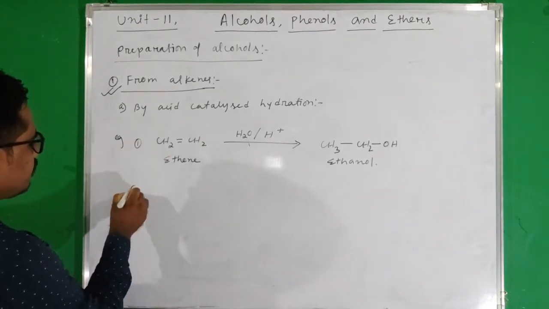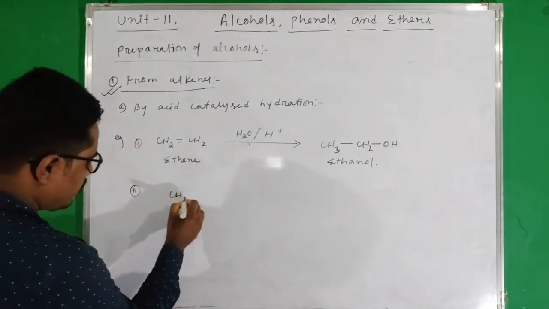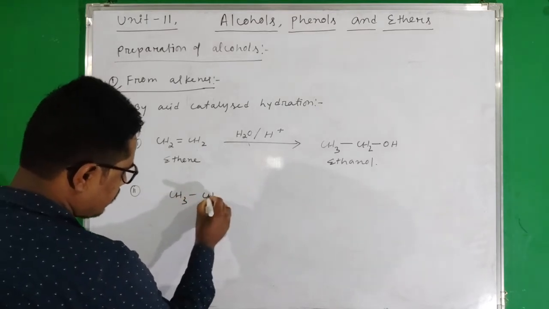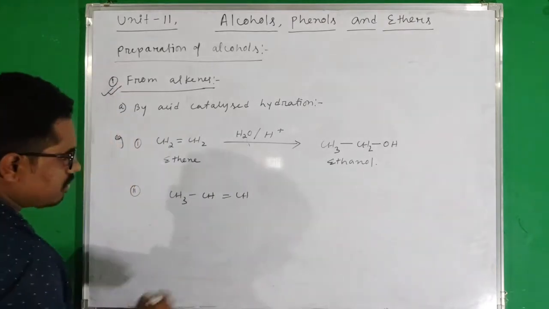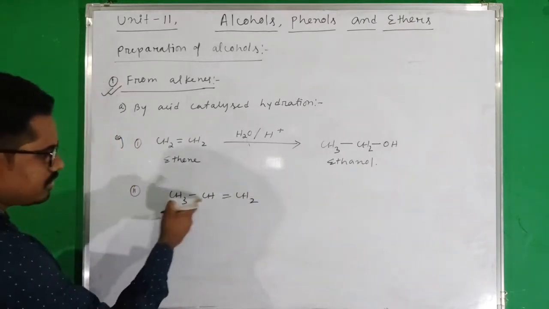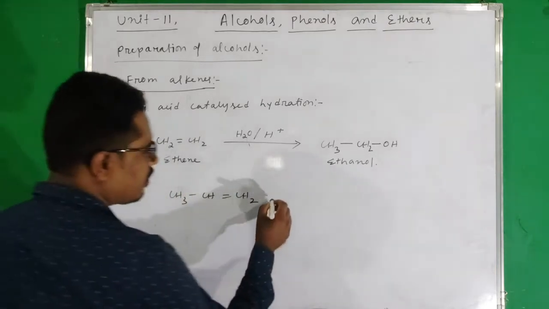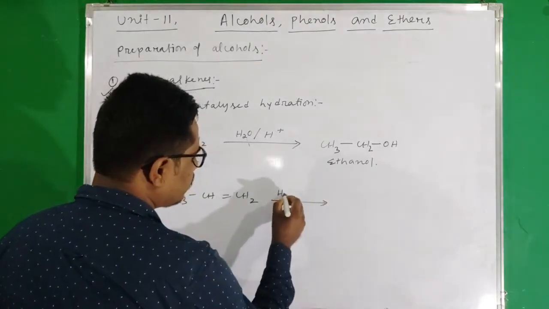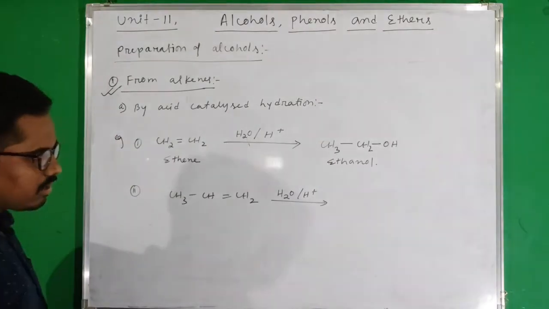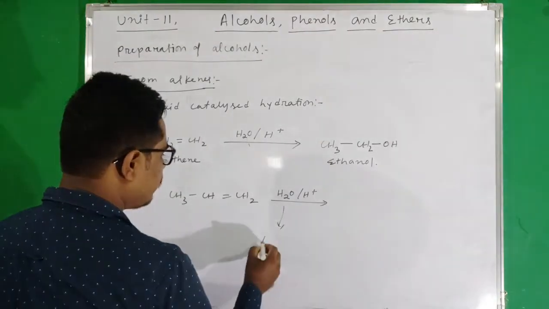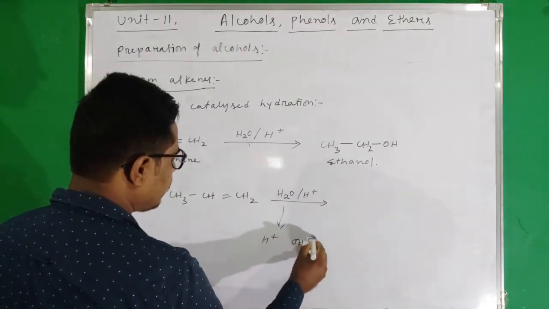Suppose this one, CH3, CH, again CH2. Okay, CH3, CH double bond CH2. Again we have to take acidic water, acid catalyzed hydration. In this case again water will break to form H positive and OH negative.